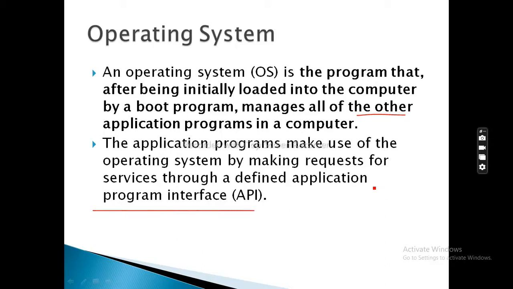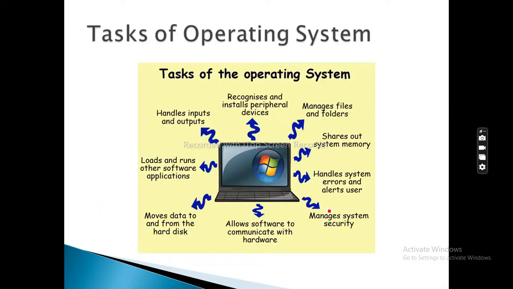For every software we have an application programming interface, whether we use MS Office, Visual Studio, or C++. Interface means how your form will look, how you can go, how you will use it. What facilities the application is providing you, these all things are interconnected with the operating system.